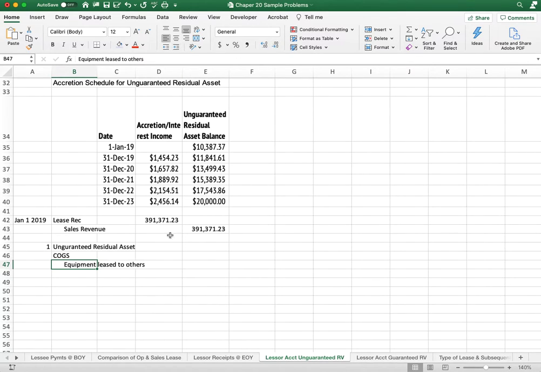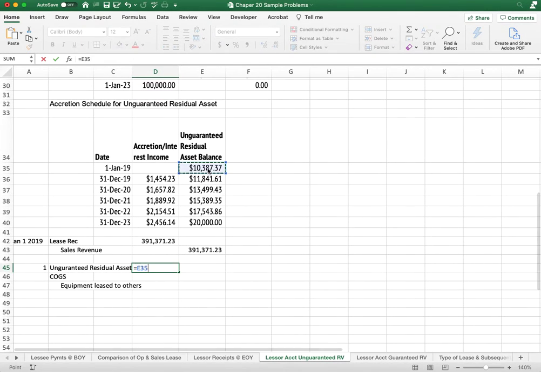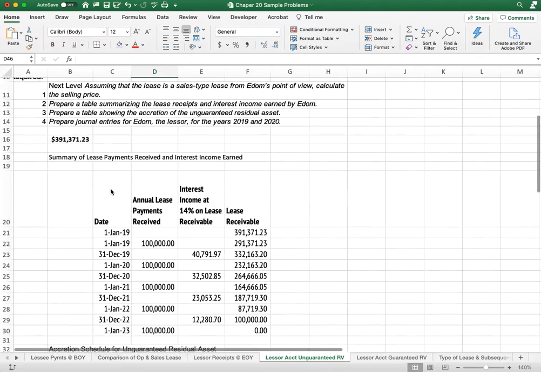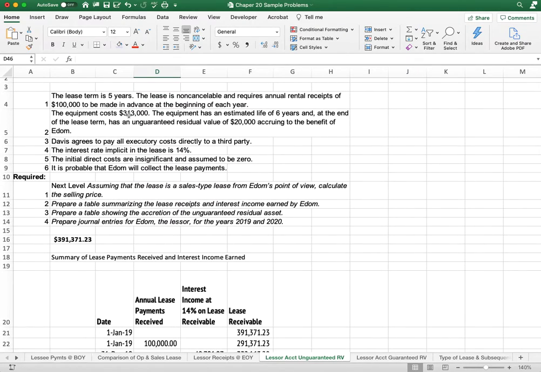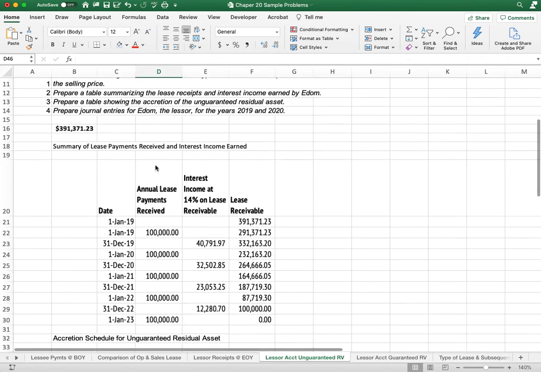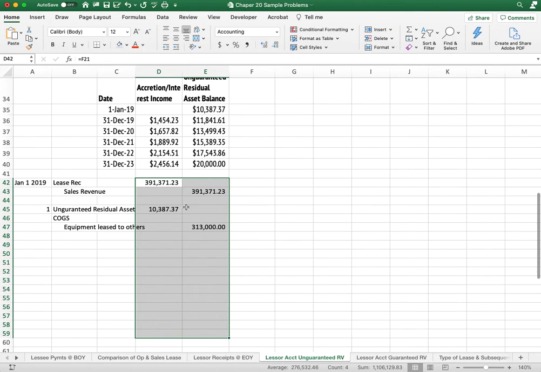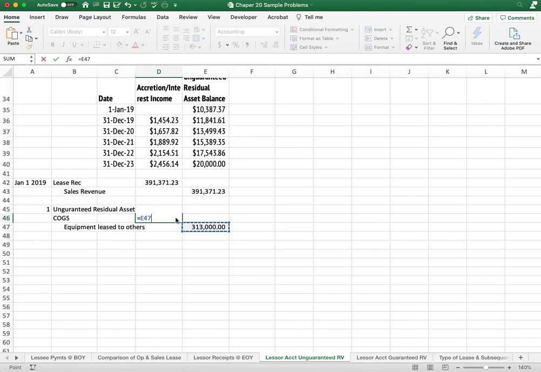Our unguaranteed residual asset is the $10,387 that we previously calculated. The equipment leased to others is going to be this $313,000 from the previous information that we have. And so that gives us the difference of $302,612 for our cost of goods sold.